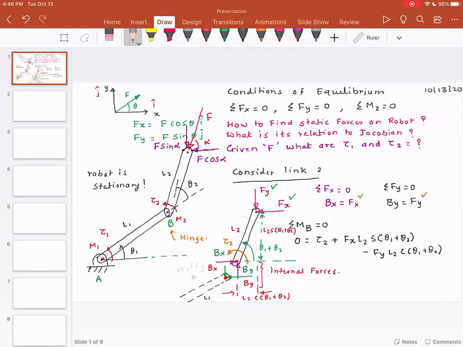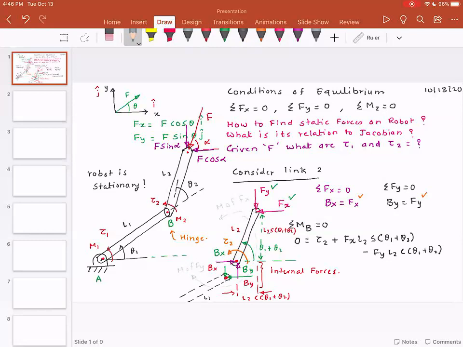And this is the moment of f of x. So with all this information, now we have an expression for tau 2. Tau 2 is equal to fx L2 sine theta 1 plus theta 2 minus fy L2 cosine theta 1 plus theta 2.